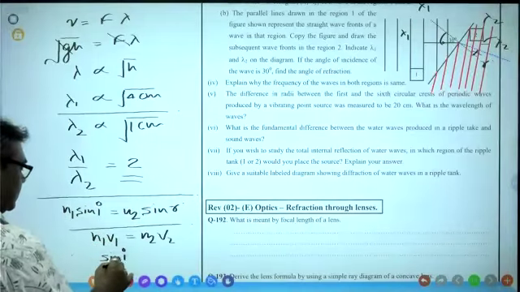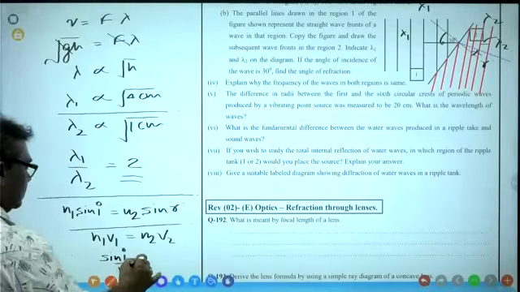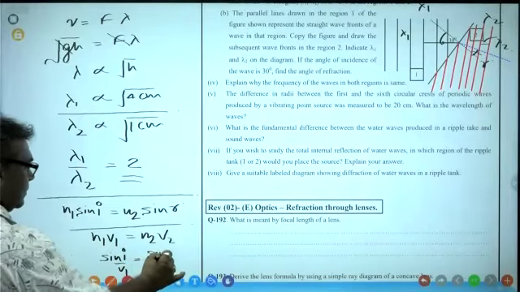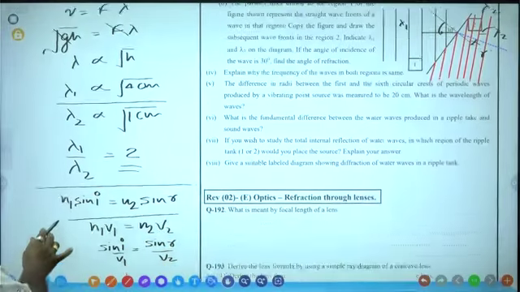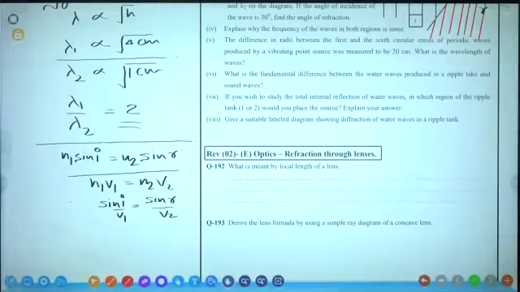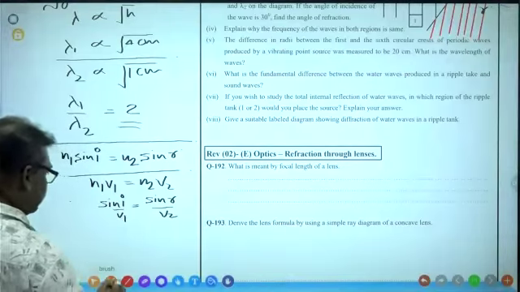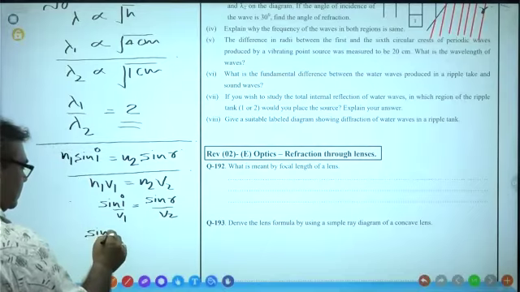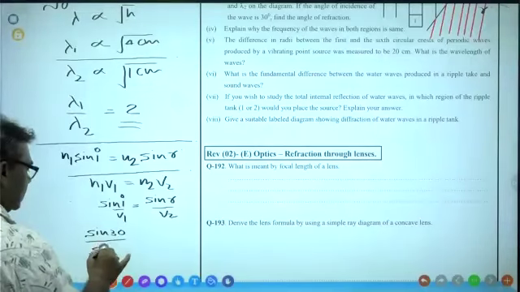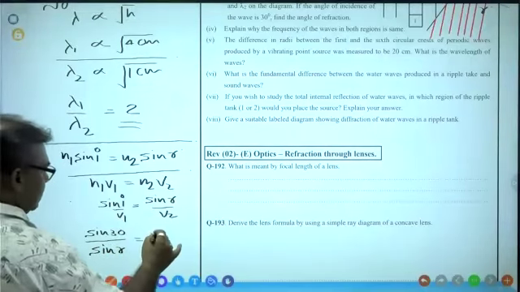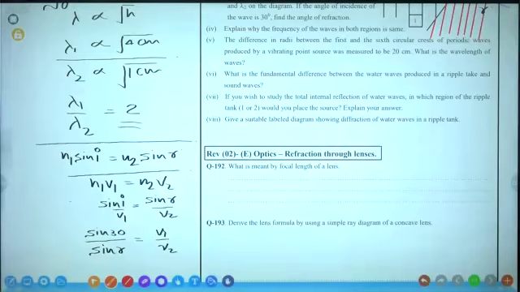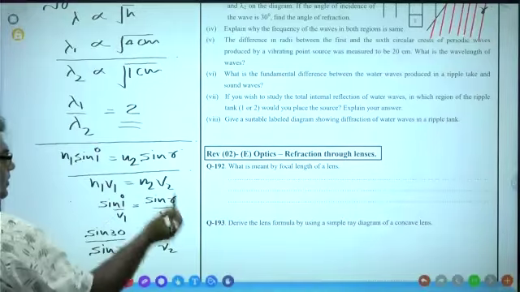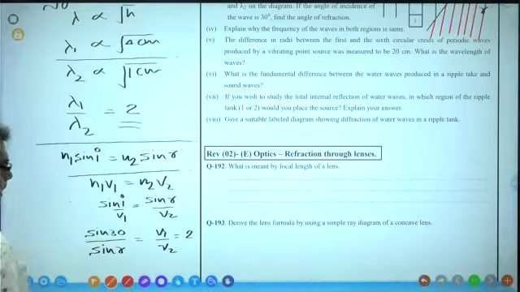Sin I over V1 equal sin R over V2. So we can say sin 30 over sin R equal V1 over V2. V1 over V2 we identified, no? V1 over V2 same as root of depth ratio, like this now, 2.